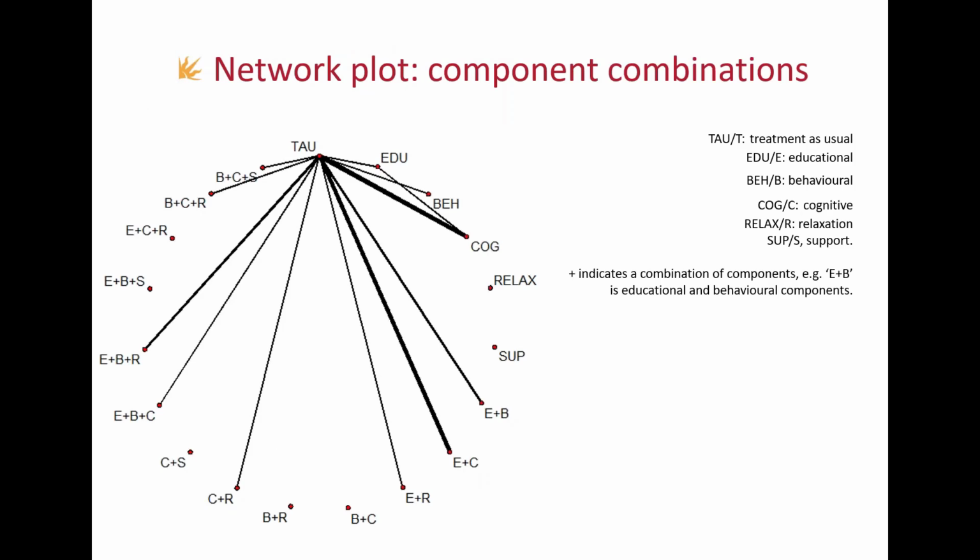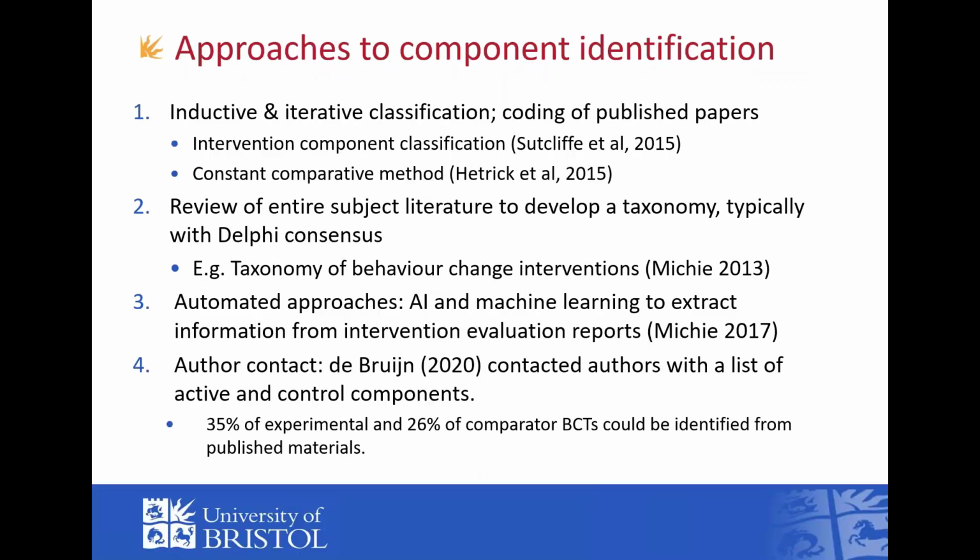De Bruyne did find that when he and his team contacted authors, it's an incredible piece of work. They had an excellent response rate. So what they did was they used the behaviour change taxonomy, which was developed by Michie et al., and sent it to the authors and asked them to say which of these components were included in their intervention, and they had a fantastic response rate.